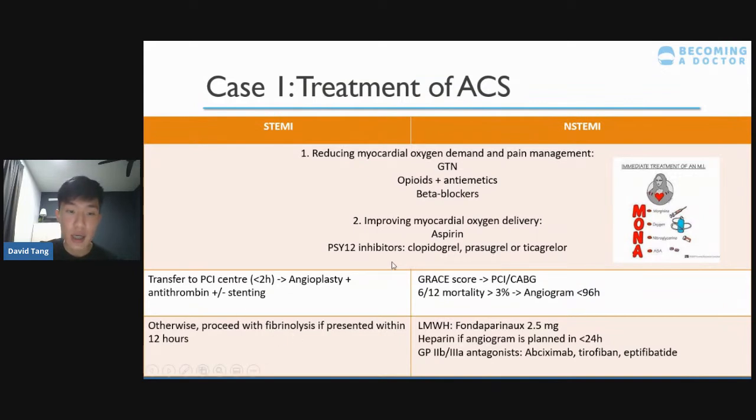So for the STEMI group of patients, as I mentioned earlier, these patients need immediate revascularization in the form of angioplasty, if possible. It shouldn't be much of an issue for most parts of the UK, where patients are within vicinity of angiography and a cardiac cath lab.